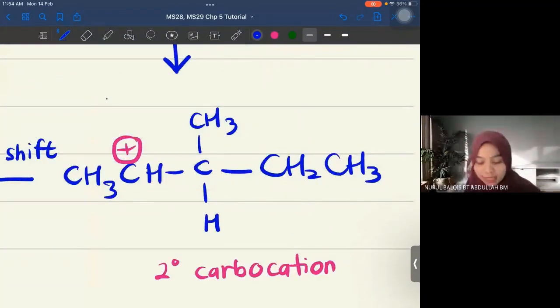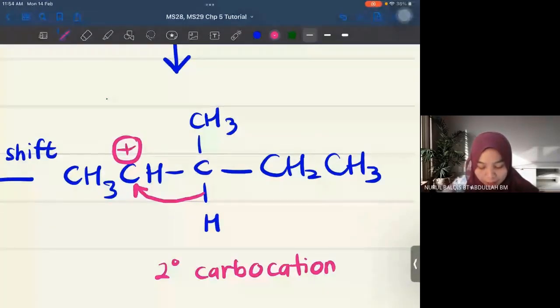Kita bukannya nak bagi bond pada bond, nanti dia dapat double bond. You want to relocate the hydrogen by moving this bond of CH to the carbon here. Macam tu saja. Bukan daripada H pergi C, tapi bond C single bond H, bond tu yang pergi ke C.